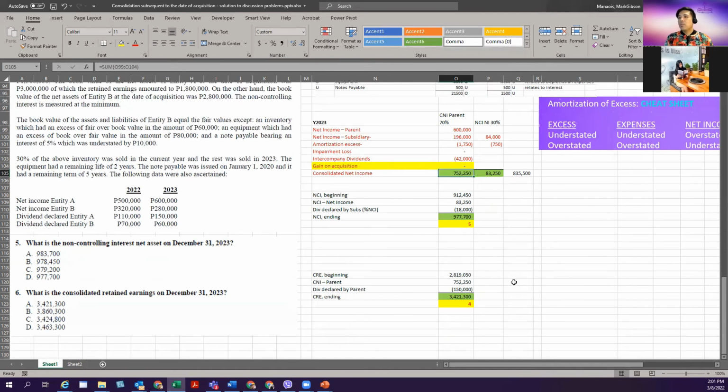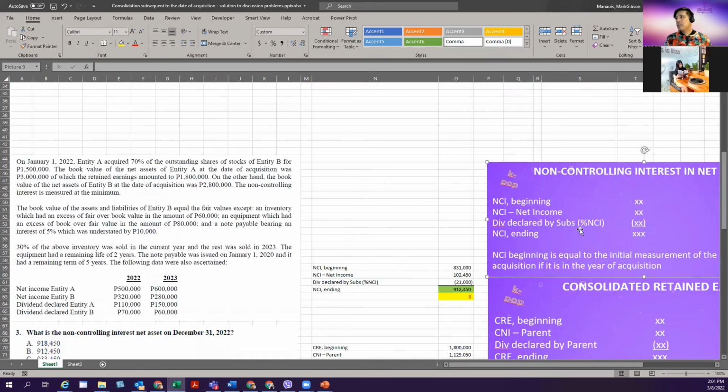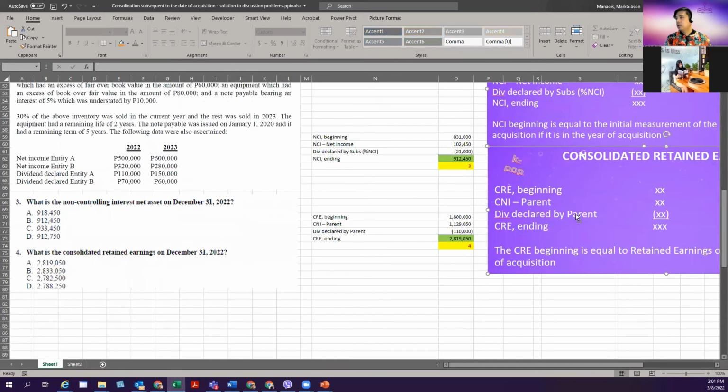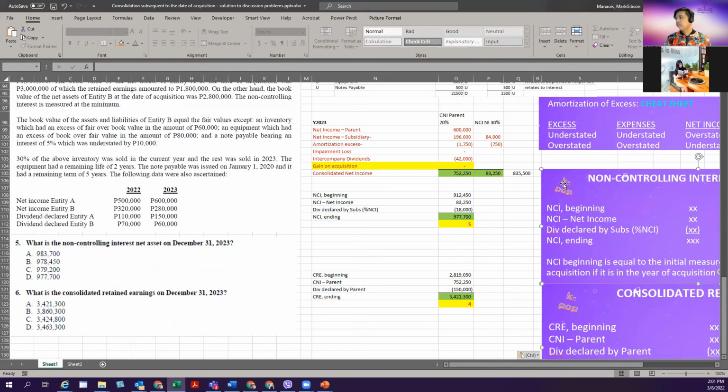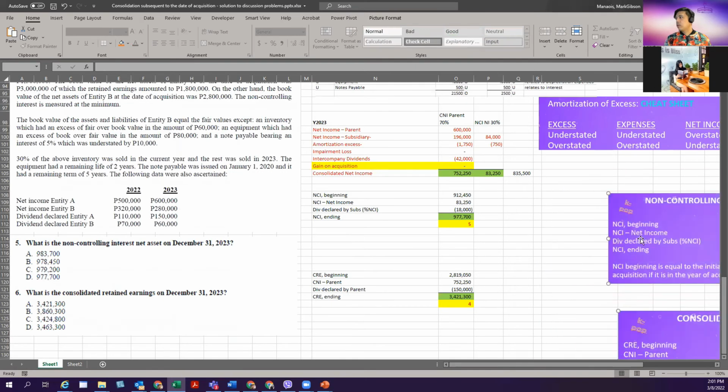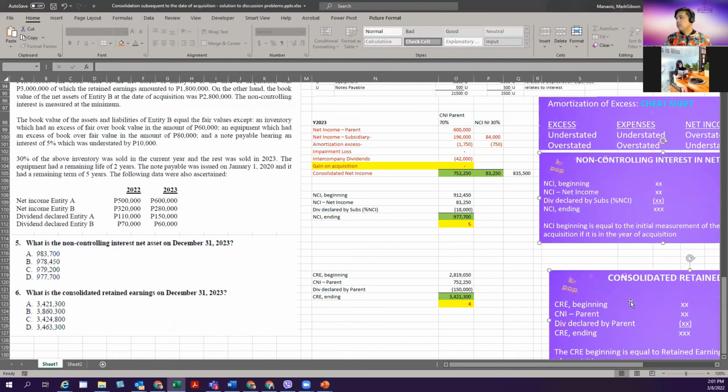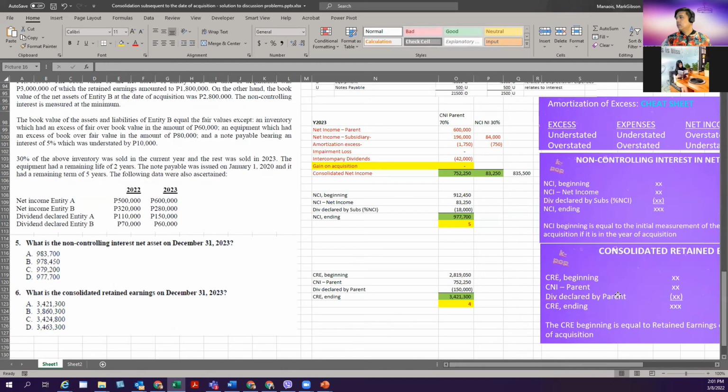So number 5, what is the non-controlling interest net assets? Balikan ulit natin yung template para at least kita mo na agad. So similarly, gamitin natin yung template, meron ka dyan non-controlling interest beginning.